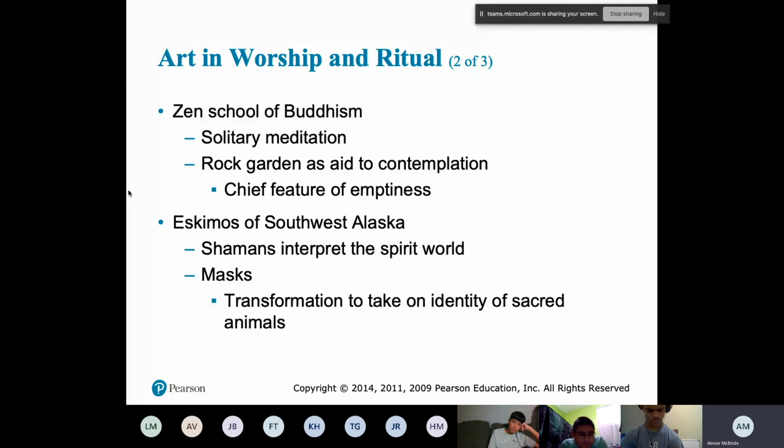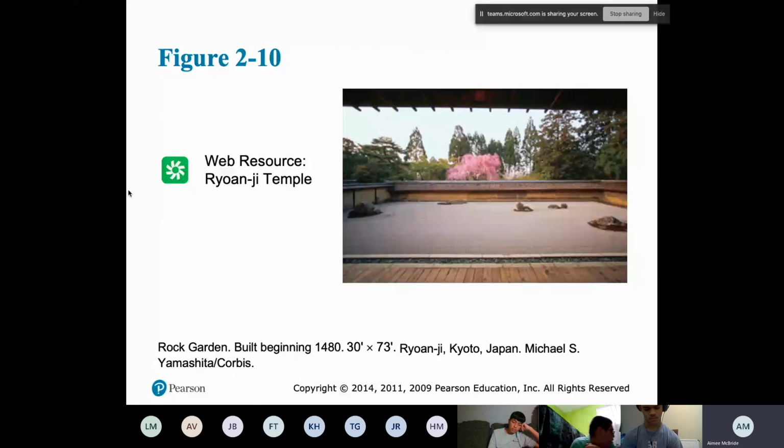We're also going to look at a mask used by the Eskimos a very long time ago to interpret their spirit world. So all of these are examples of art that exists in different religions that we're not quite familiar with over here in the Western world.